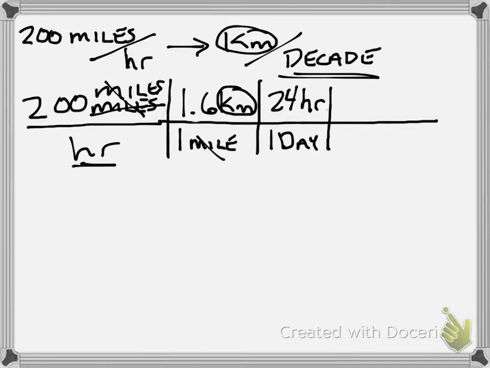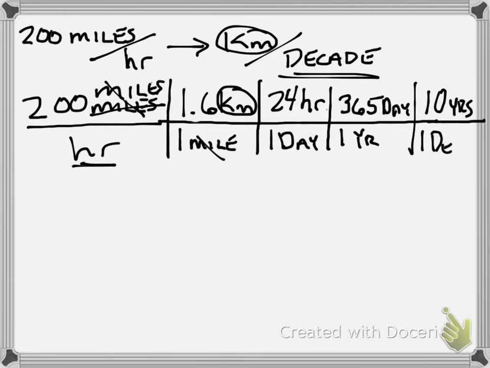Then, we know that we have 365 days in 1 year. And then we know that in a decade, there are 10 years in 1 decade. Trying to squeeze that in. Perfect. In 1 decade.